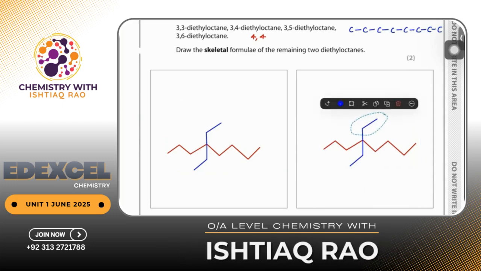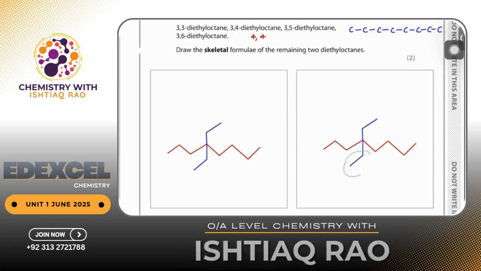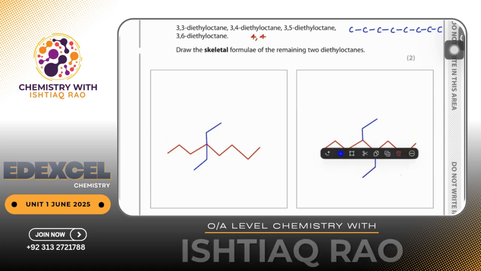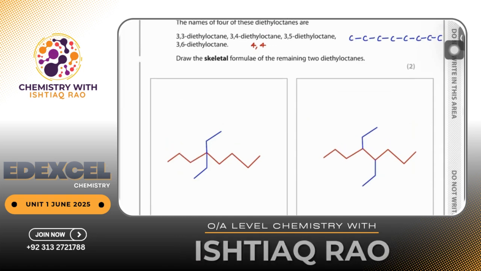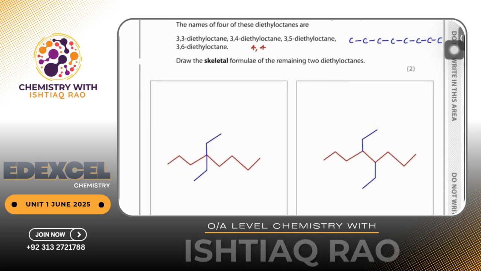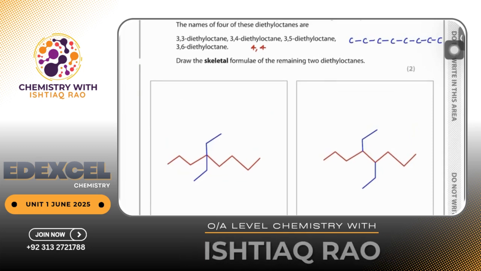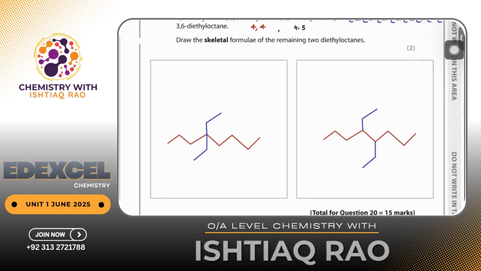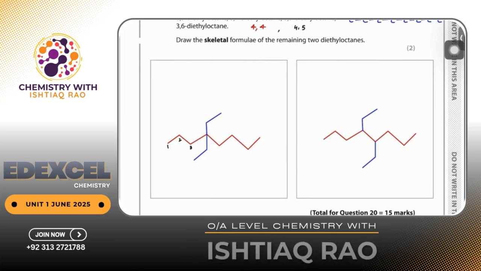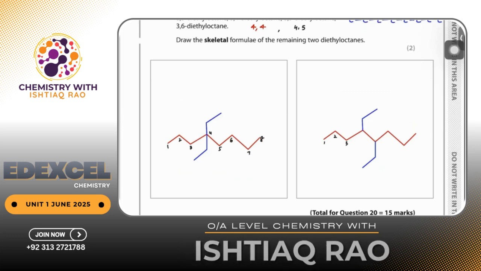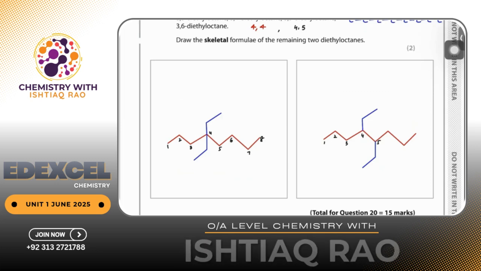I can change the position of this one to this carbon atom. Yeah, I can do this one. It's 4,5. You can see, I'm going to count it: 1, 2, 3, 4, 5, 6, 7, 8.